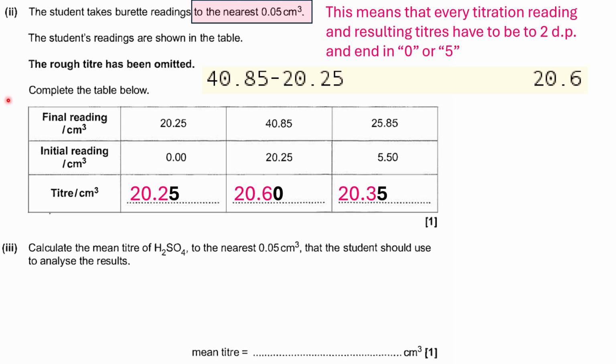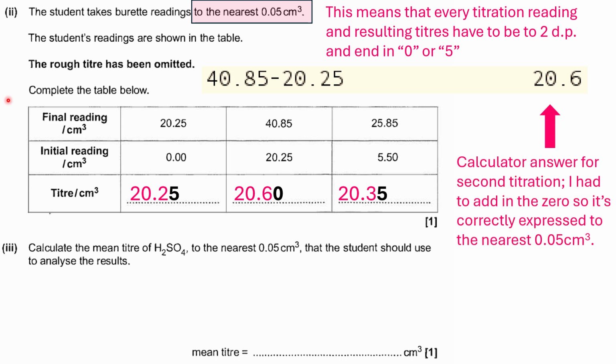If I include the screenshot of the calculator value, you can see that it says 20.6. I had to then add in the 0. In other words, I had to remember that it's to the nearest 0.05. If I put in 20.6, that would not be the correct answer because it doesn't express it to the nearest 0.05.